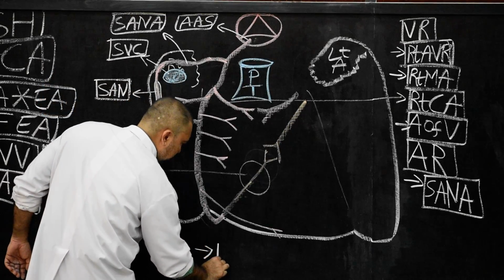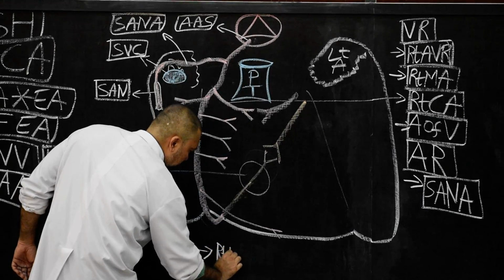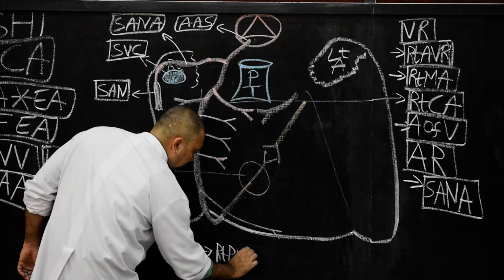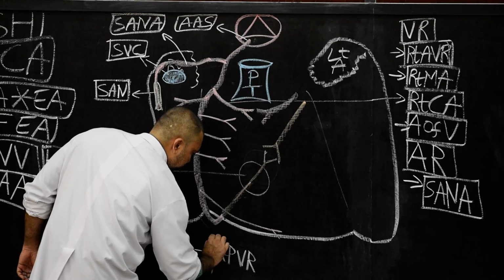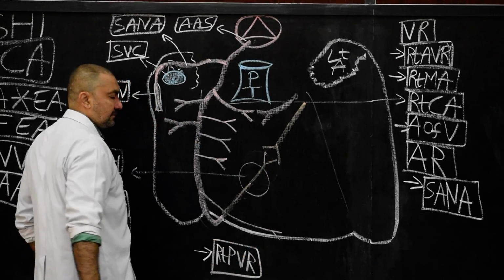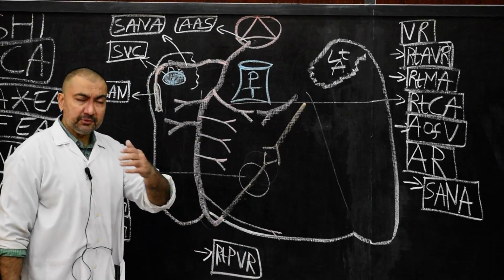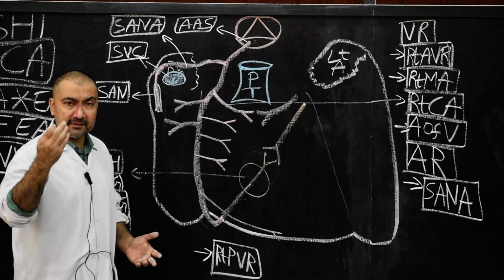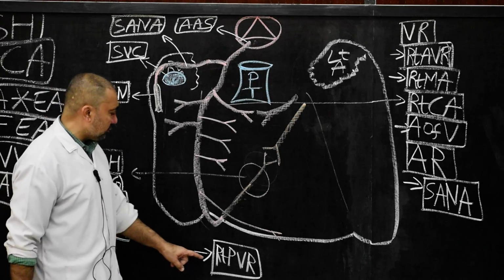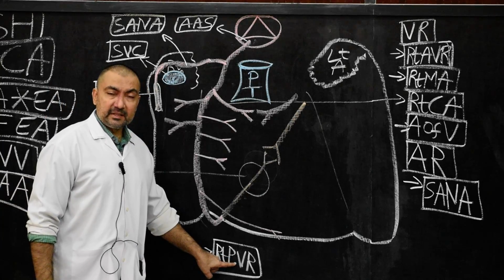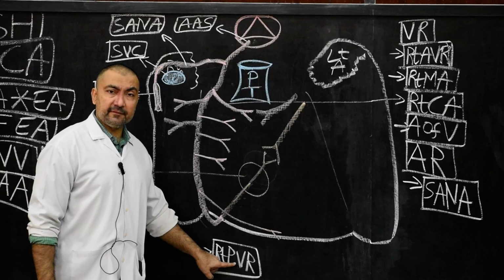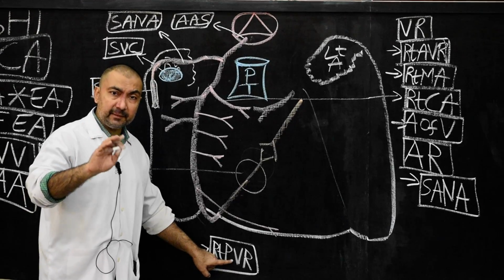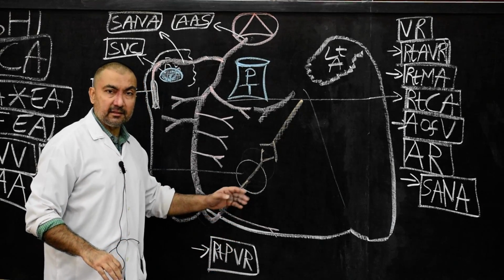So please note down the right posterior ventricular rami. This is the first branch. And these right posterior ventricular rami will supply the diaphragmatic surface of the right ventricle. That also you need to mention.